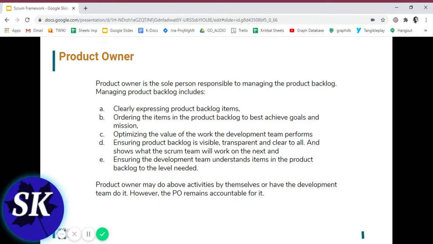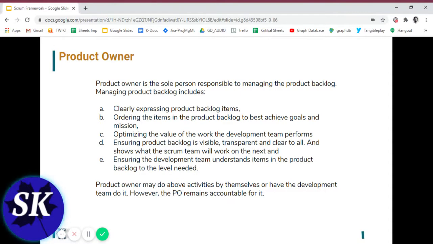While the product owner may do these works of maintaining a backlog, working with the development team to make sure the team understands what is needed, however, the product owner may choose to have the development team do this work. But the PO remains accountable for it.